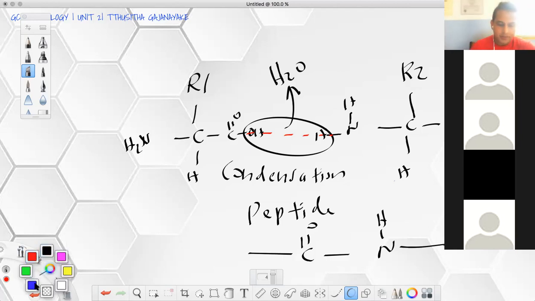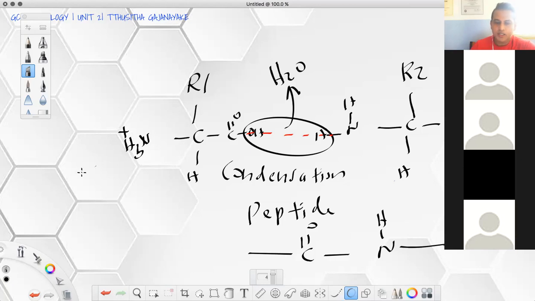So if this hydrogen ion leaves, then it can make a negative charge. So this end is quite acidic. So it has an acidic property at one end, and if another hydrogen joins to this end, it gets a positive charge.